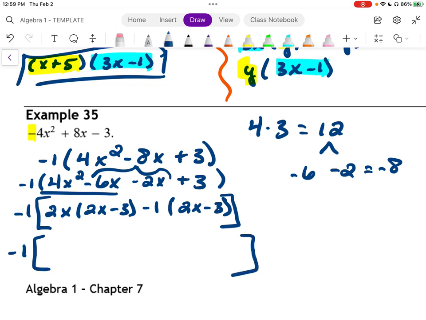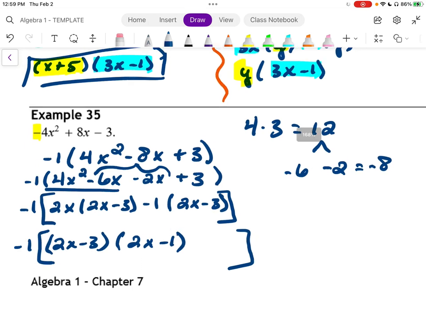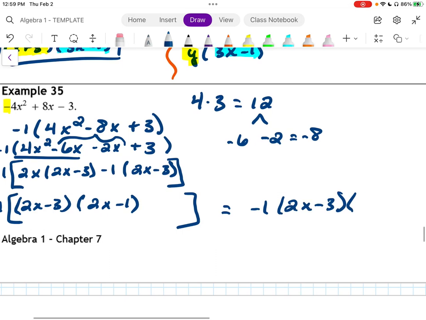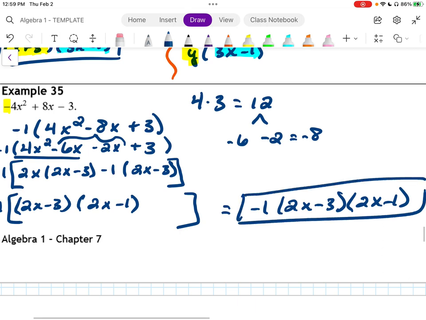And then I'm going to pull out the 2x minus 3. And I'm left with 2x minus 1. Now, just to write this a little bit prettier, I've got negative 1 times 2x minus 3 times 2x minus 1. And that's the way that I would write my answer.